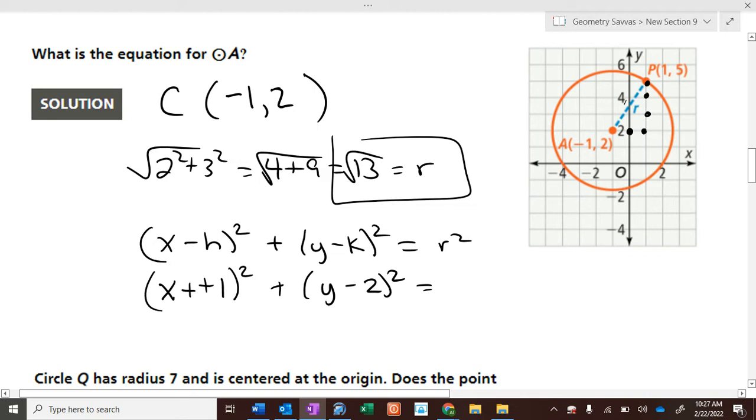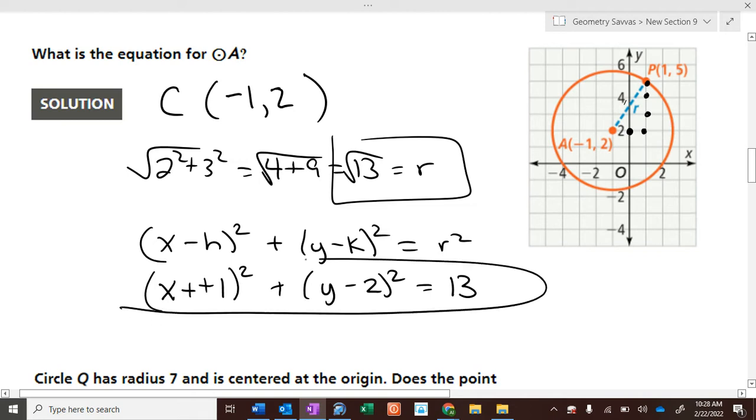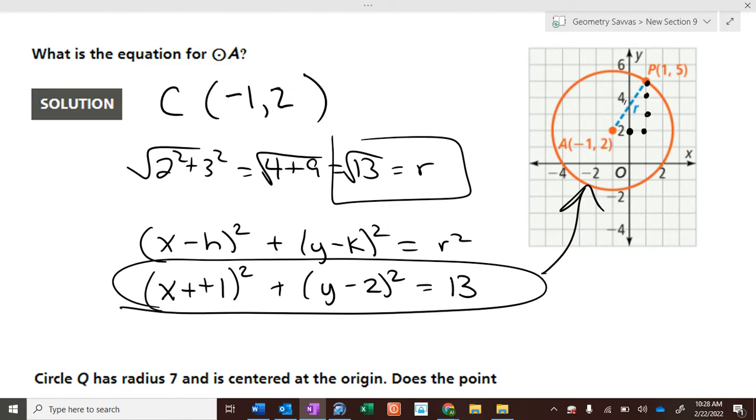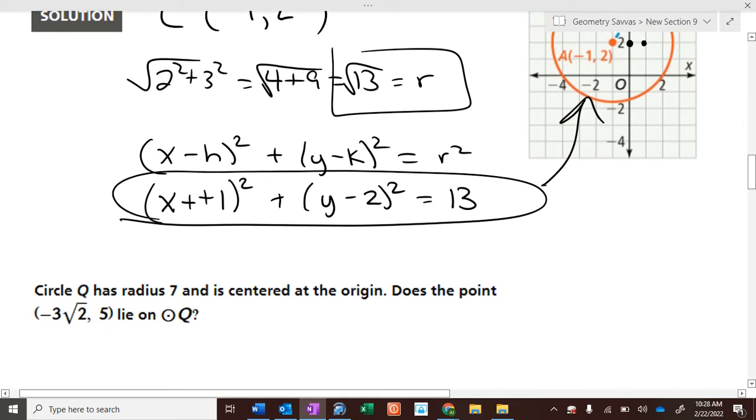What's the square root of 13 squared? When you square a square root, you get what's inside of it? 13. That's the equation of the circle. That's that circle right there. So knowing how to work with the circle formula is what we're doing today.